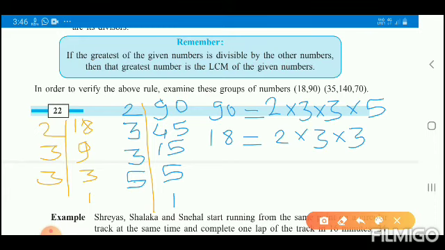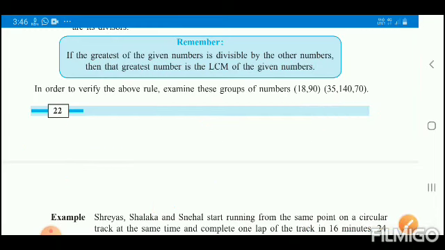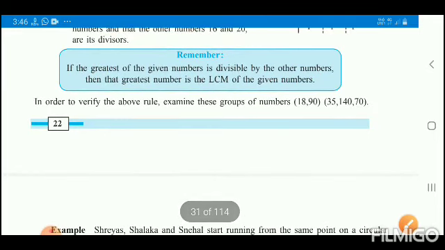Now we will see which numbers occur how many times. Look, for 2, what is the maximum number of times? 1. Here 3, how many times? 2 is the maximum. Is it correct? And 5 once.